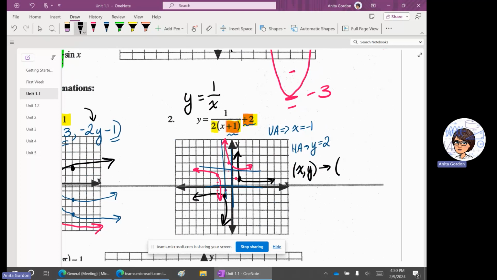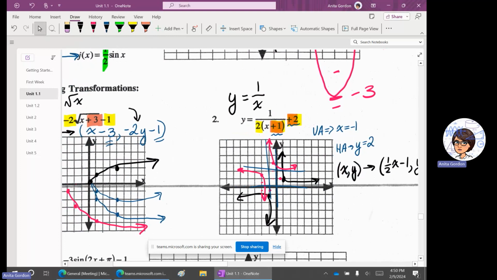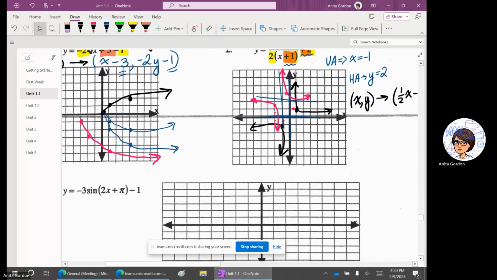Well, I have a 2 next to the x there, so I have compressed my x by 2, and I have shifted it to the left by 1. Nothing has happened to the y other than putting it up by 2. So those are my mapped coordinates. So you can use any coordinates to map it. If you know some key coordinates, key points, that makes life a whole lot simpler.